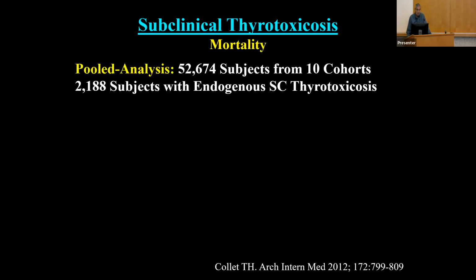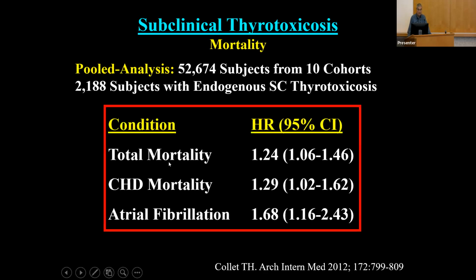Other studies have looked at mortality. This is a pooled analysis of 52,000 subjects from 10 cohorts. Over 2,100 had subclinical thyrotoxicosis. The total mortality was increased by 24%. Coronary heart mortality increased by 29% and AFib by 68%.